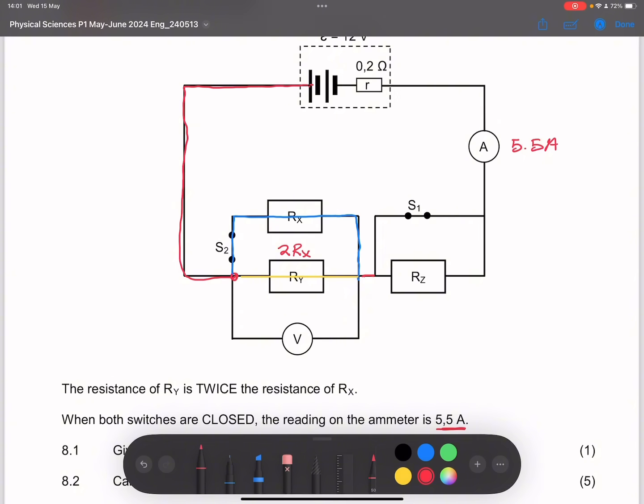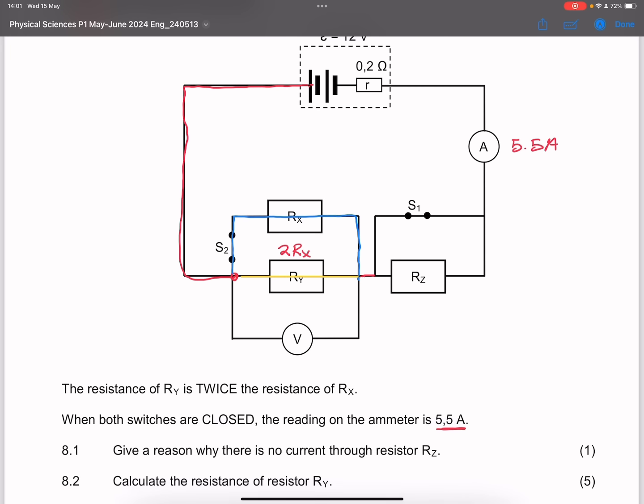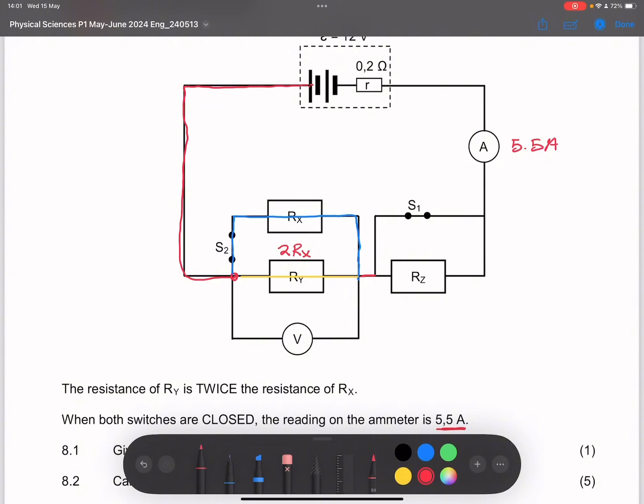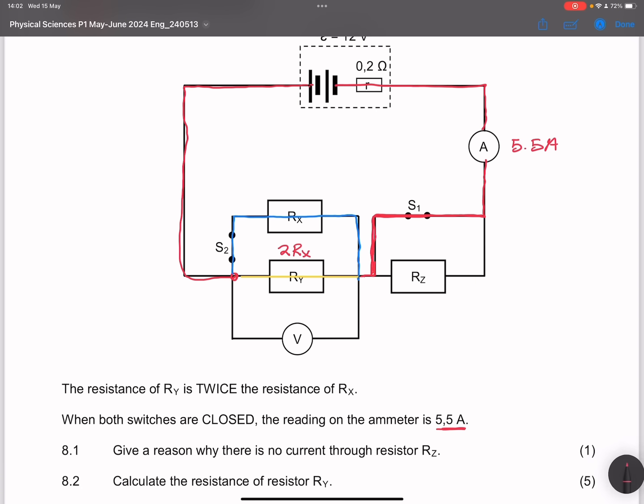Remember that current will always take the path of least resistance. In this case, that simply means there's actually less resistance here, actually no resistance at all, so all the current would take that route. That is why there will be no current passing through Rz.